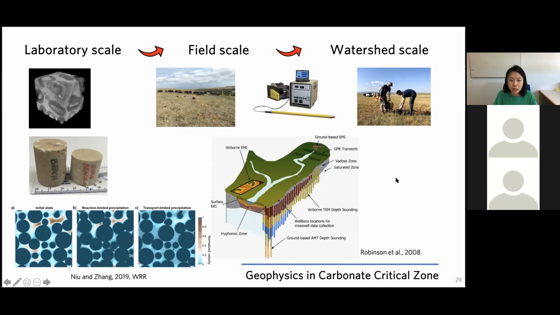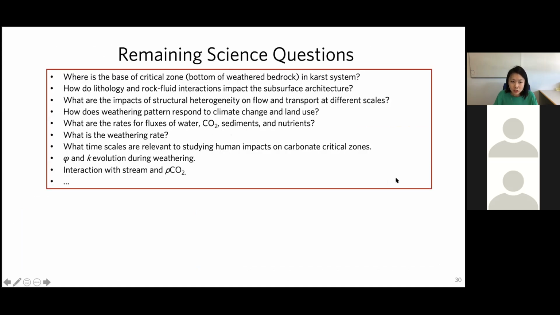So with this, I still want to circle back to the remaining science questions, which I posted earlier as identified by the critical research coordination network. As you can see, I'm not going to read through all of those questions. All of these questions are still remaining science challenges.